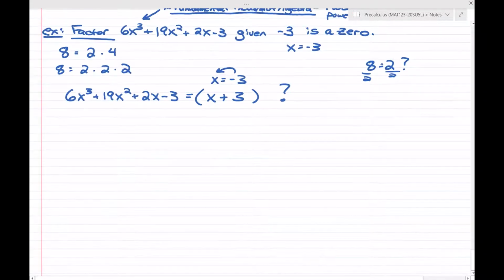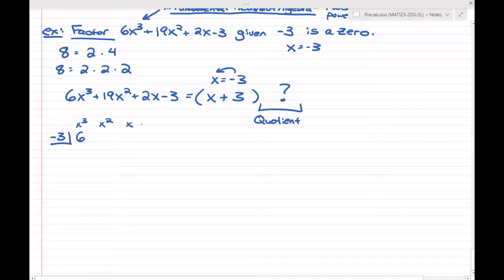So for this problem, if you want to find the other factors, what we're going to do is divide 6x to the third plus 19x squared plus 2x minus 3 by x plus 3. And then this is going to be the quotient. So we could do long division. Synthetic division is a little faster. So let's use synthetic division. Negative 3 divided into 6x to the third, x squared, x, and then our number.